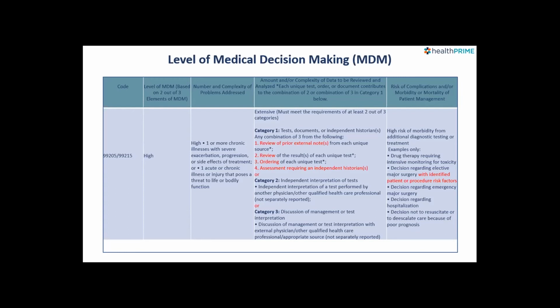So now we will be required to document 3 more things in the medical record: any assessment requiring an independent historian, or if we are interpreting a test result which was performed by another physician, or if we are discussing the management of the patient or any test interpretation with the external physician or other qualified healthcare professional.